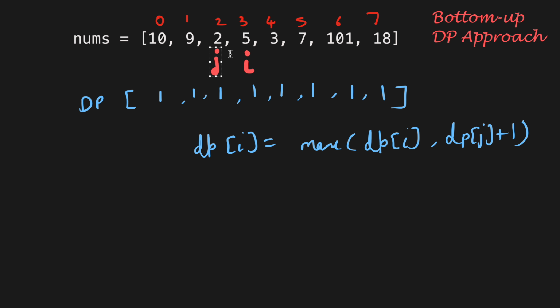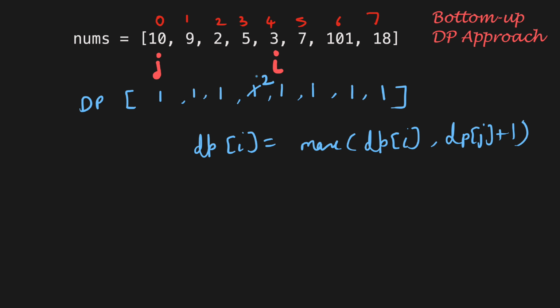And since 5 is more than 2, wouldn't it make sense to include 5 in the subsequence, creating a longer increasing sequence that ends at index 3? So the length of this increasing subsequence will be 1 plus dp of j, which is equal to 1 plus 1 equal to 2. And since it is more than the current value at dp of i, we will set dp of 3 equal to 2 and move i forward to index 4.